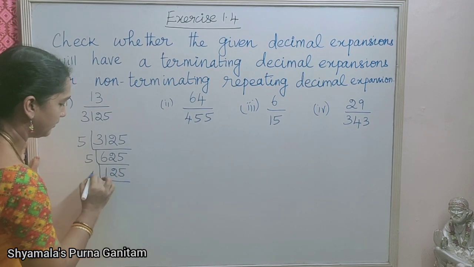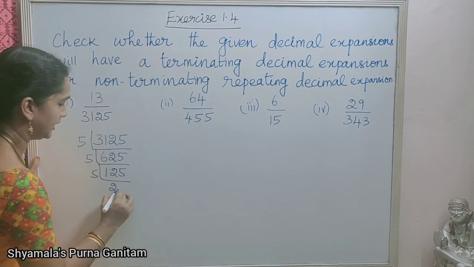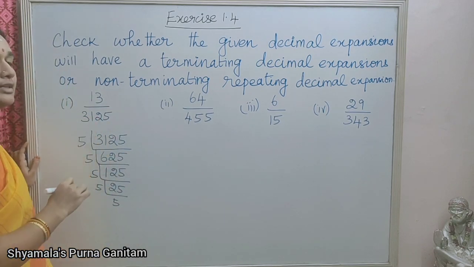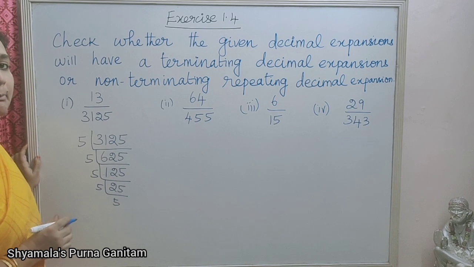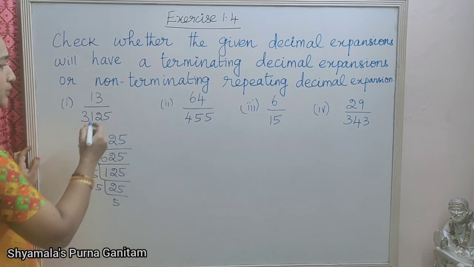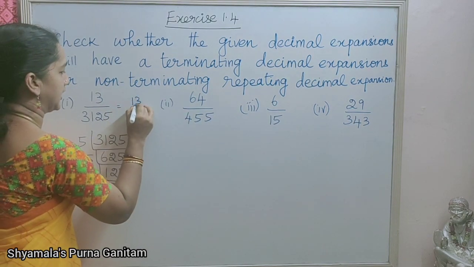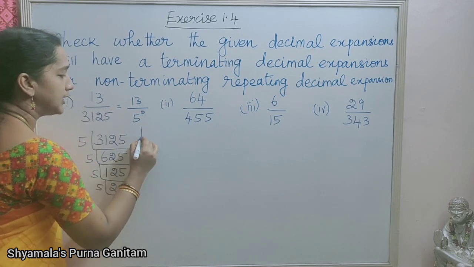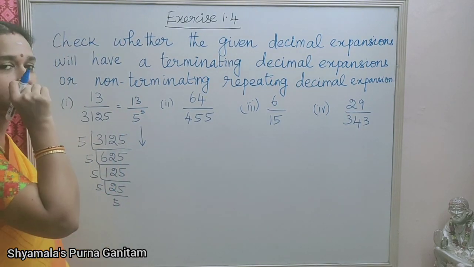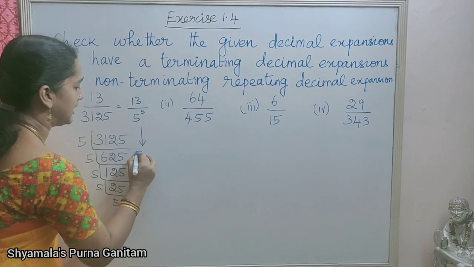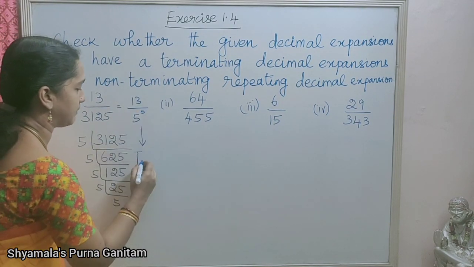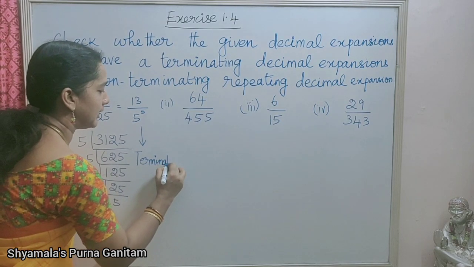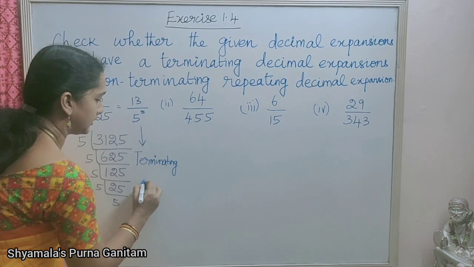Then again 5 times 125 is 625, and again 5 gives 3125. So you can write 3125 as a power of 5, that is 5 power 5. So you can write this as 13 by 5 power 5. So this is a terminating decimal expansion.